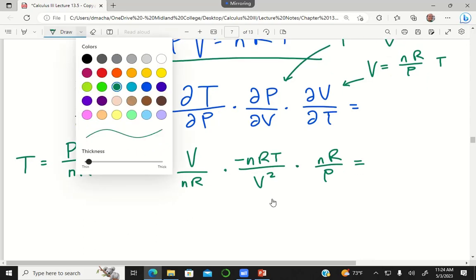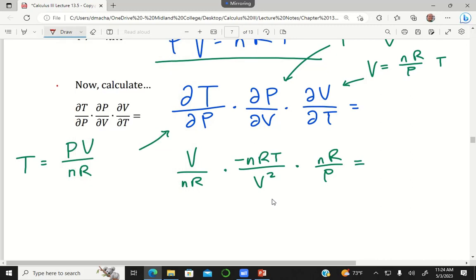Now let's cancel these variables out, because they actually are variables and I'm allowed to cancel things. I've got this R in the denominator, an R in the numerator, I can cancel. An n in the denominator, an n in the numerator.